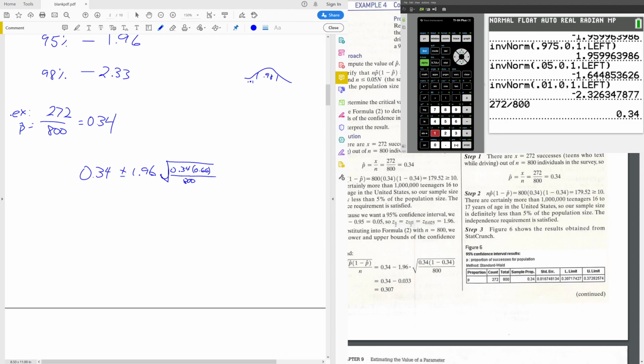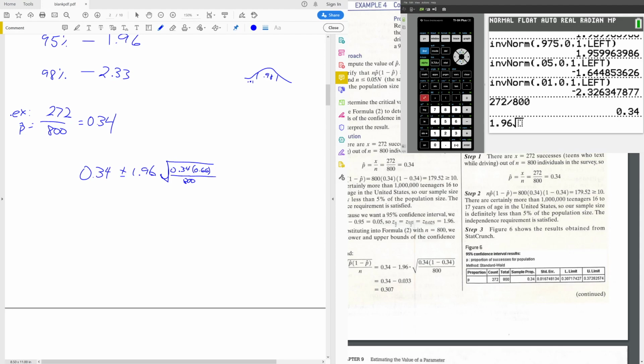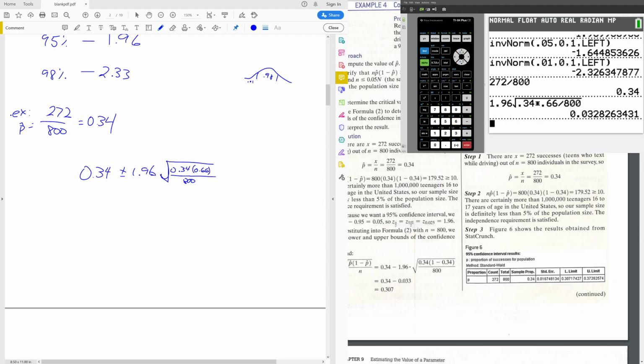So I'm just going to do this part first, 1.96 times the square root of 0.34 times 0.66 divided by 800. And I get this long decimal. So now I know it's going to be 0.34 plus and minus 0.0328 and so on. Right? It's good enough for rounding purposes.